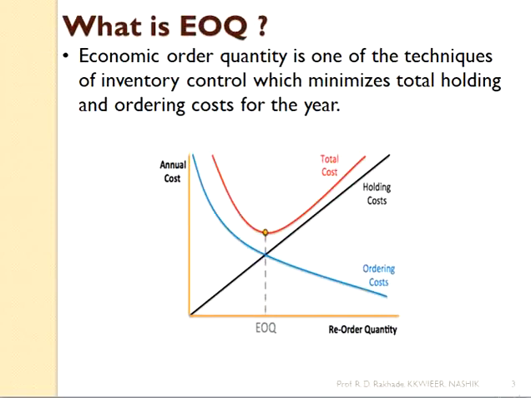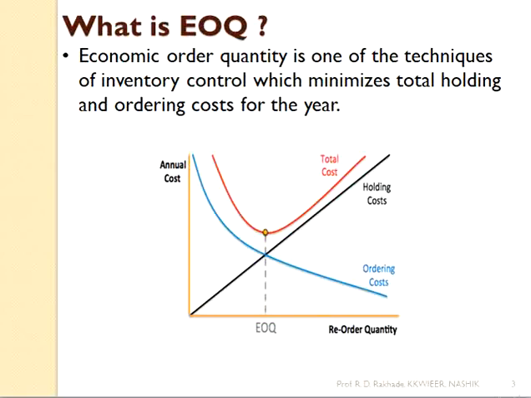So what is EOQ? EOQ stands for economical order quantity. It is one of the techniques of inventory control which minimizes total holding and ordering cost for the year.